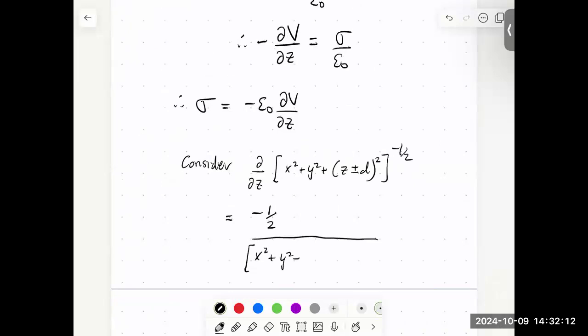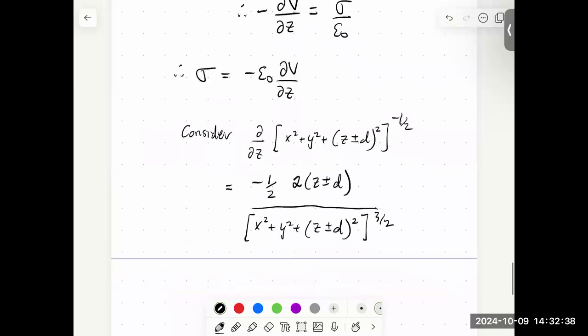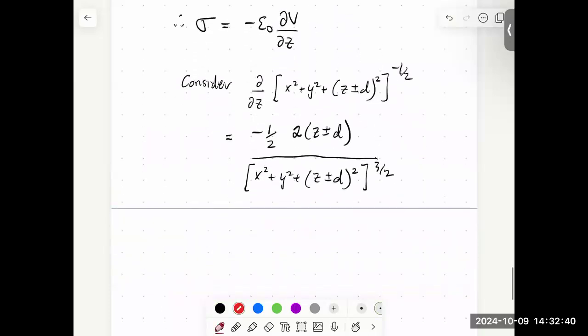So the minus 1/2 becomes a minus 3/2. And then I have to take the z derivative of the stuff inside, and we have a term there, (z plus or minus d) squared. So I take its derivative, we're going to get z plus or minus d with a factor of 2 out front. Okay, and so canceling the 2's, that's our answer for the z derivative.